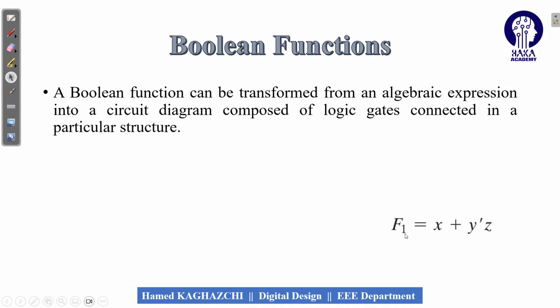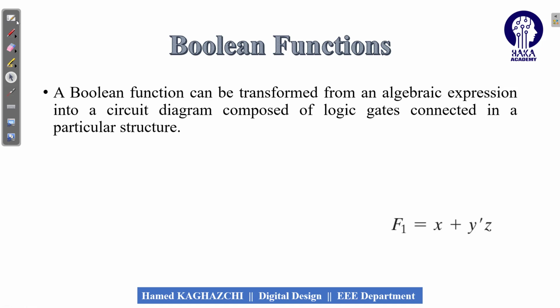Now the question is this: how can I implement the logic circuit of this Boolean function? Because our purpose is the design of the digital circuit of this Boolean function.